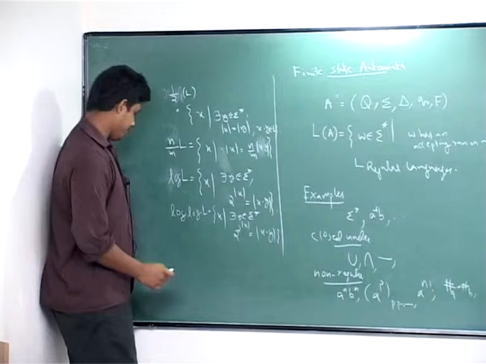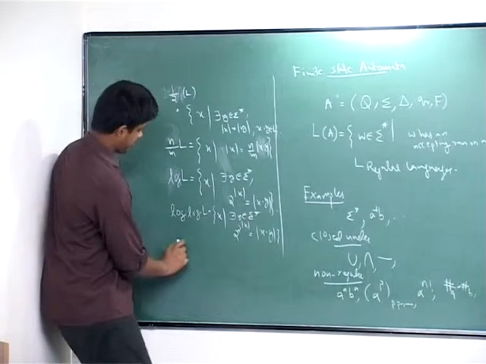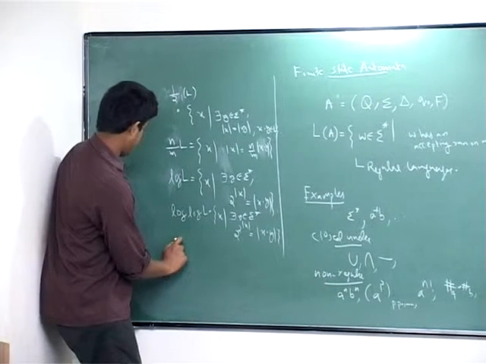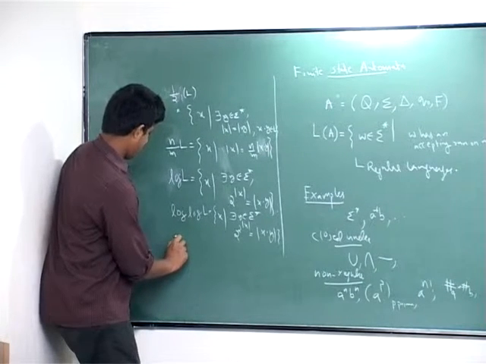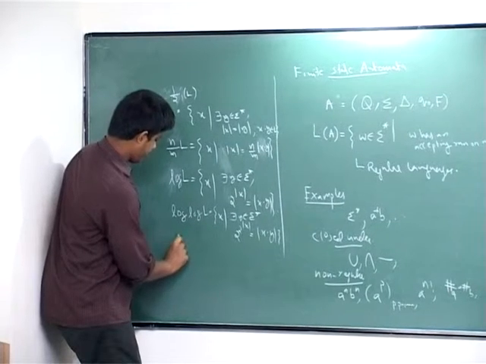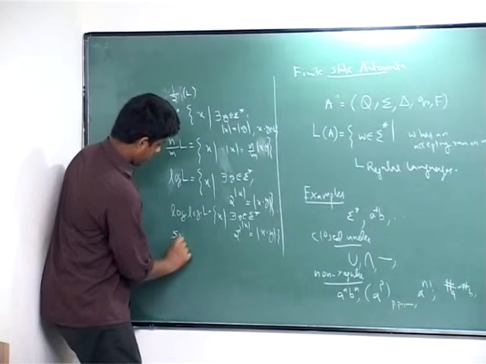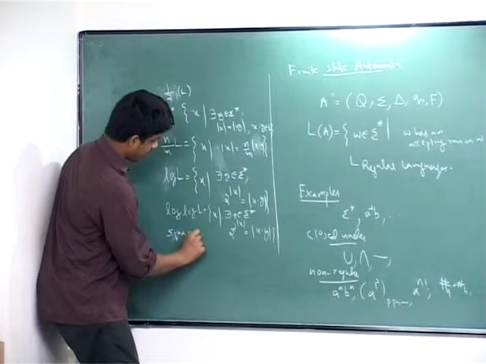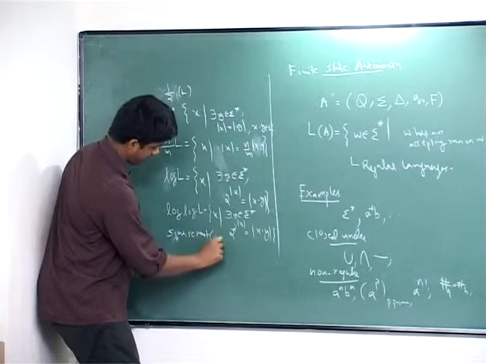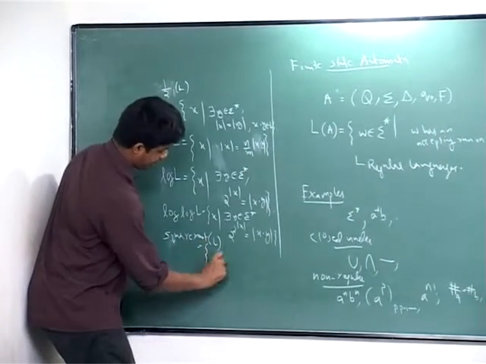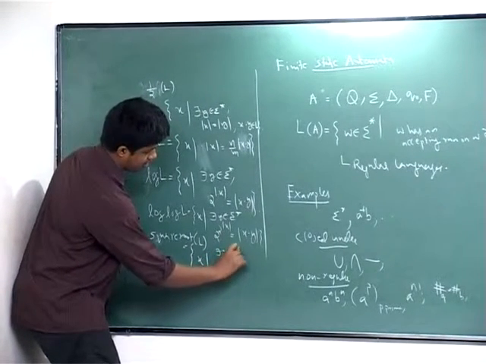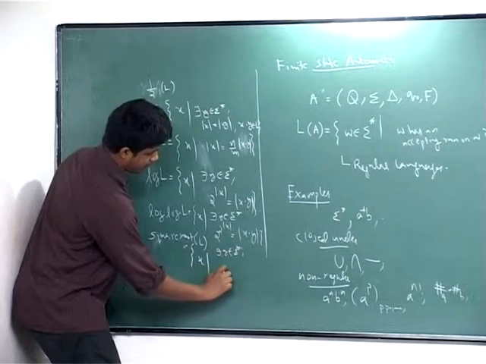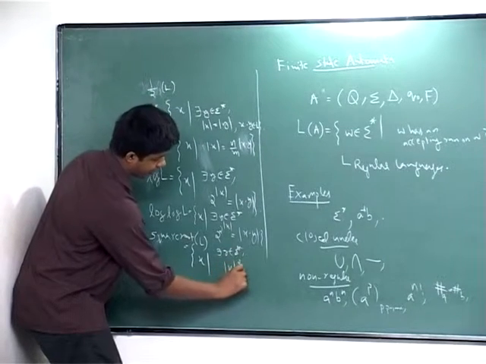What about polynomials? Square root. There are many definitions of square root, so I'm just calling this a square root of n. x is such that size of xy is mod x squared.